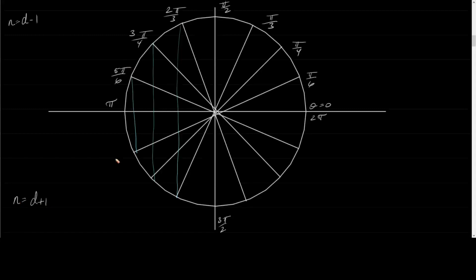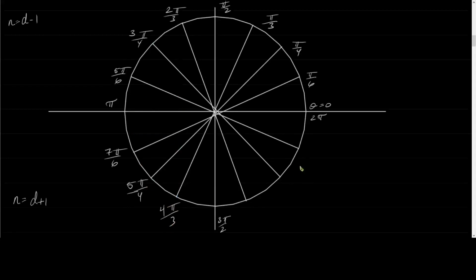So first, this is going to be something pi over 6, and the numerator is the denominator plus 1, so 7. This is something pi over 4, right? And the numerator is the denominator plus 1, so 5 pi over 4. And this one over here is something pi over 3, and the numerator would be 4. Right, and again, that's because they match this way.